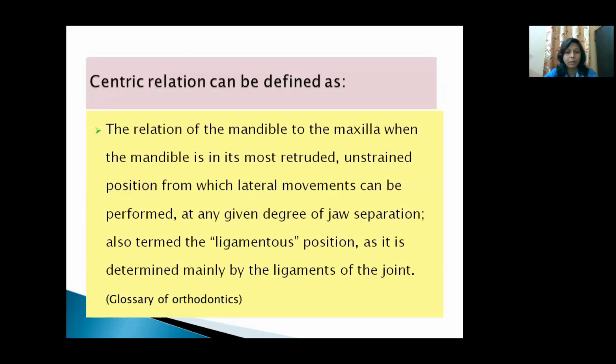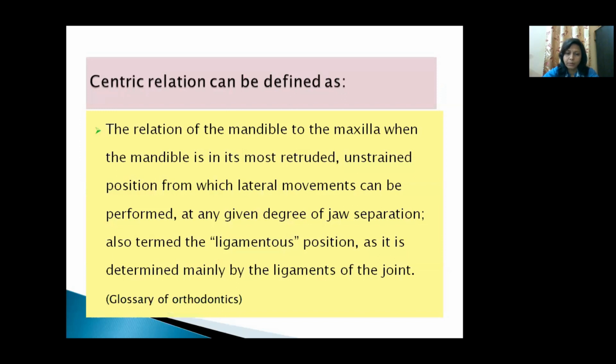It can be defined as the relation of the mandible to the maxilla when the mandible is in its most retruded, unstrained position from which lateral movements can be performed at any given degree of jaw separation.